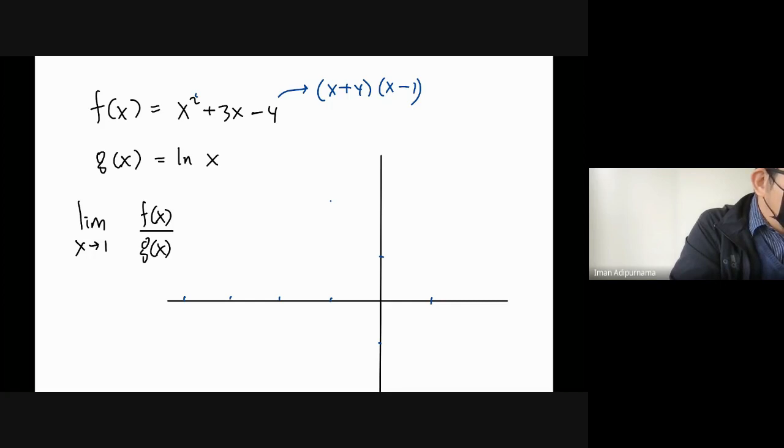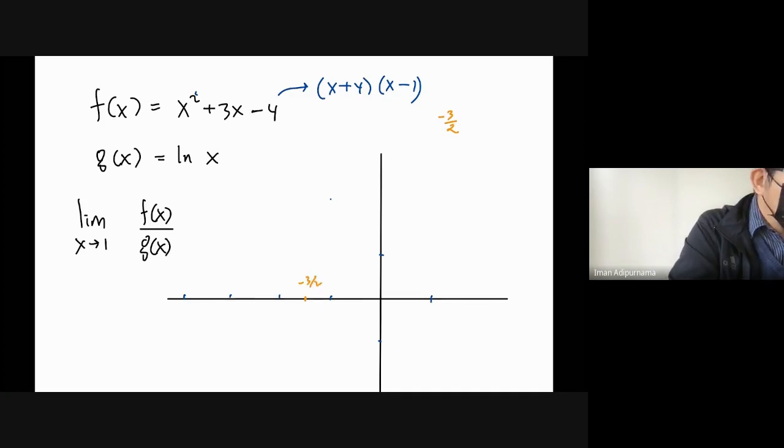And the maximum value will be at negative 3 over 2, right? This is the middle of 1 to 4. So it will be around maybe here.